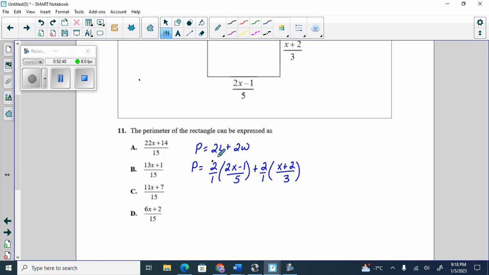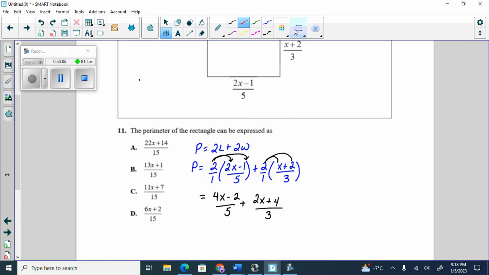So you're going to get 4x minus 2 over 5 plus 2x plus 4 over 3. In order to put them together, they need common denominators.